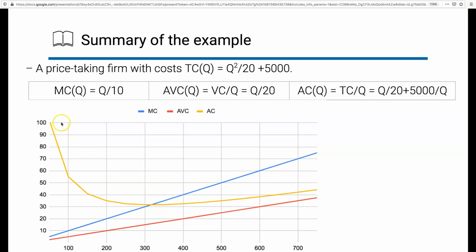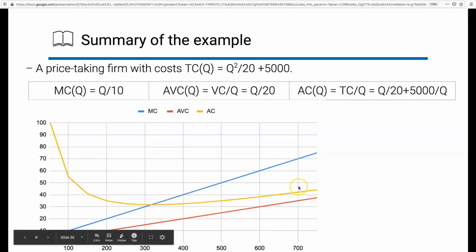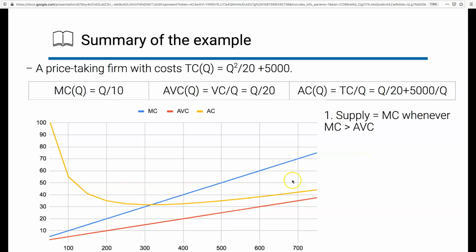And the yellow U-shaped curve is the average cost, which has two components, q over 20, the average variable cost component, and 5,000 over q, the average fixed cost component. So what are the observations that we get from the graph? First of all, the supply curve of this firm will coincide with its marginal cost curve whenever it lies above the average variable cost. So in our example, the whole blue line is the supply curve.